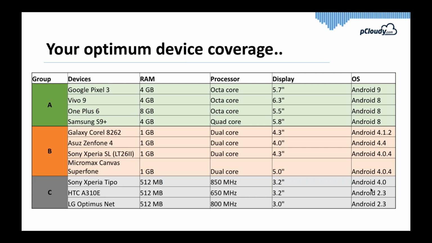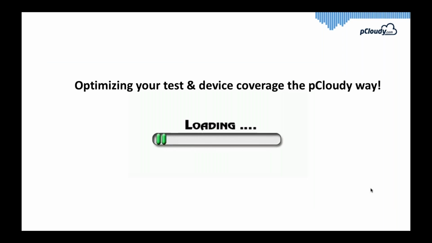one of these 2. Now, we at pCloudy do it slightly differently, and as you now know, at pCloudy we support a variety of versions. So anytime a new version is released for Android or iOS, it impacts our platform as well.